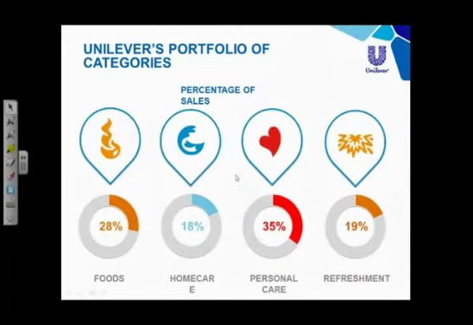A very large personal care business, so all the things we've all been using this morning in the shower and getting ready: deodorants and shampoos and skin creams and the like. And also a big refreshment category. So that's teas and ice creams. Wall's ice cream, also Ben & Jerry's ice cream. It's not American, it's Anglo-Dutch.